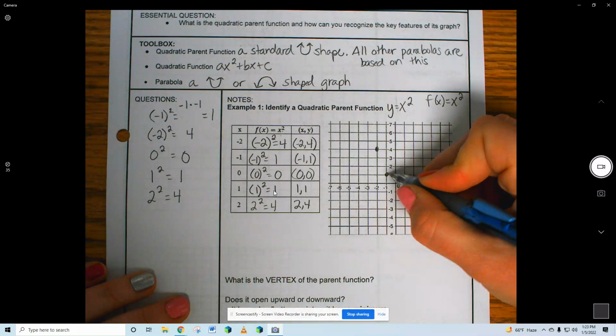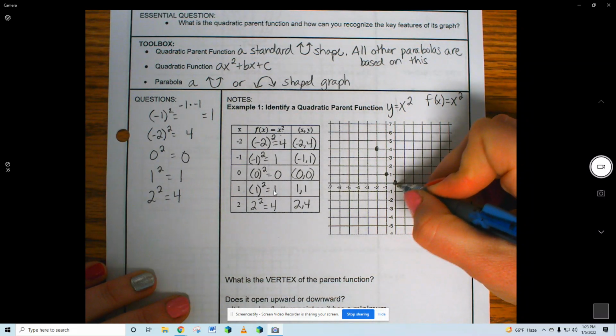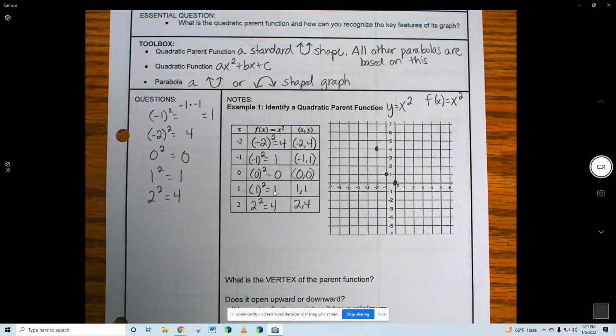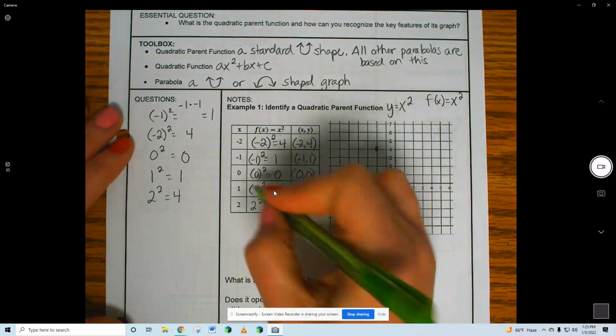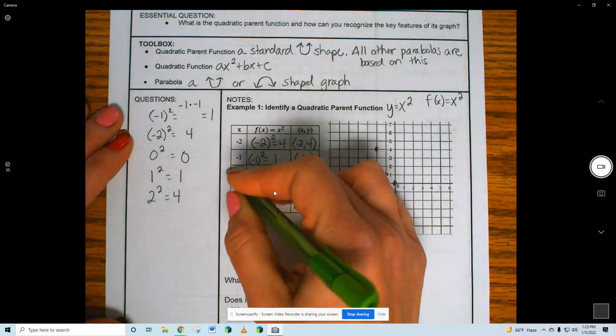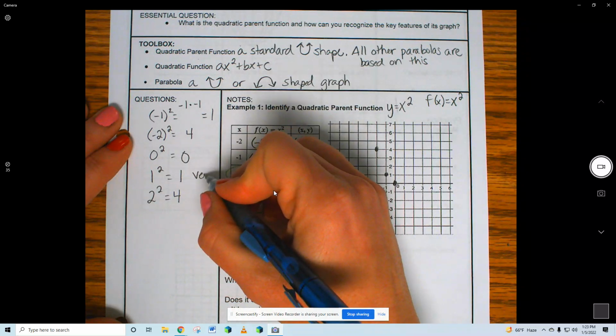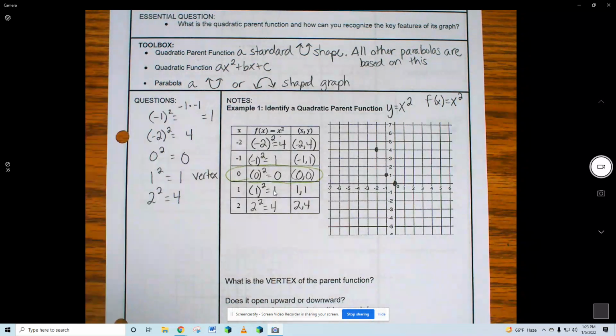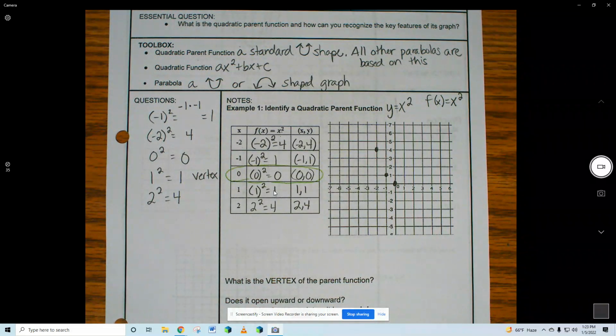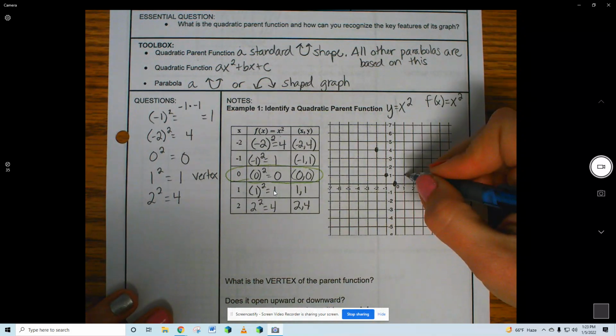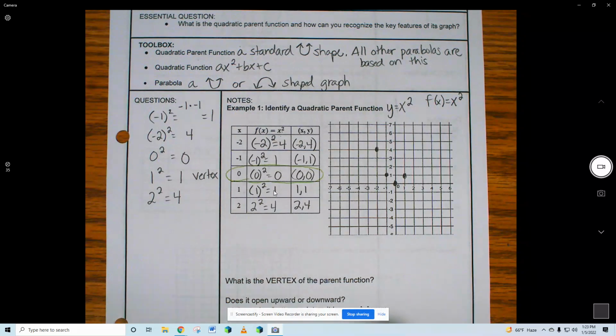Left 1, up 1. 0, 0. 0, 0 is my vertex. Vertex means where my graph turns, where the curve actually curves. And now I'm going to do the other side of the parabola. 1, 1. And then 2, 4.